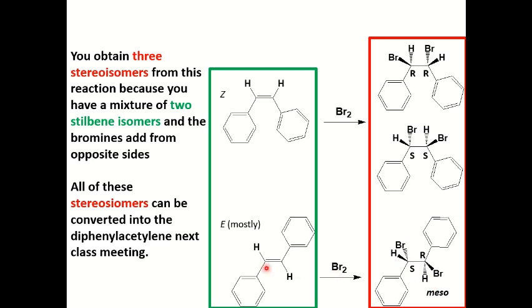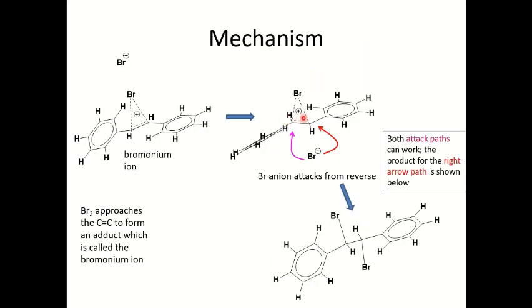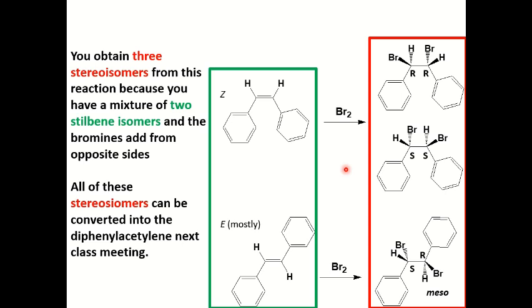All because of the stereochemistry of the reaction. Remember this mechanism, in which the bromine can only attack from the opposite side of the molecular plane, so these two bromines are always trans to each other. This is the case here, the same case here, and the same case here, right?